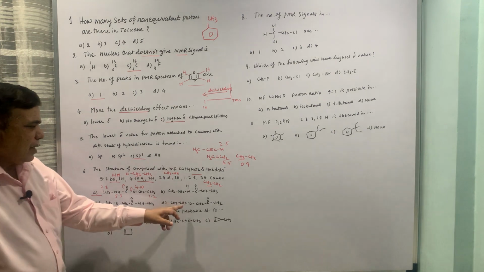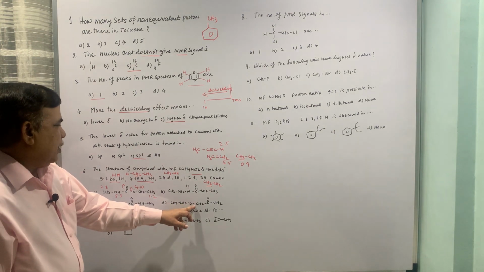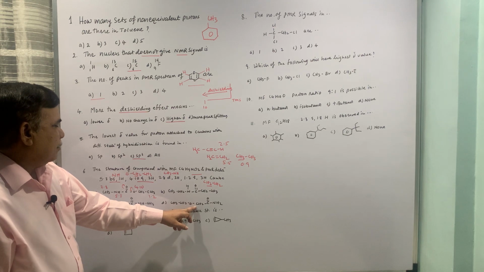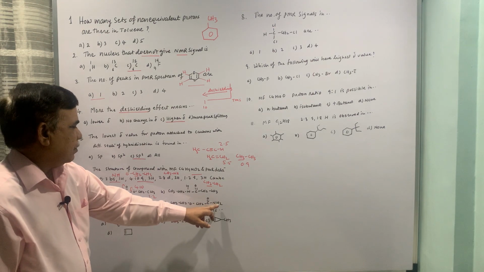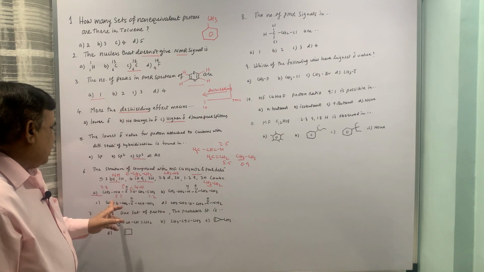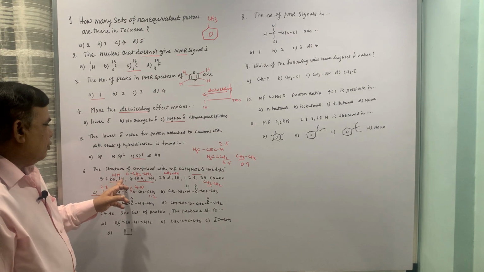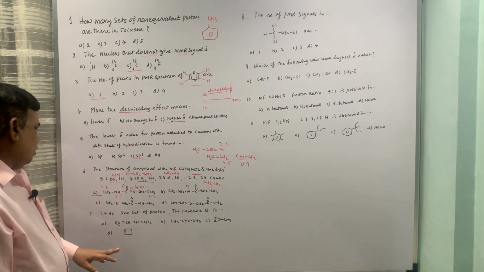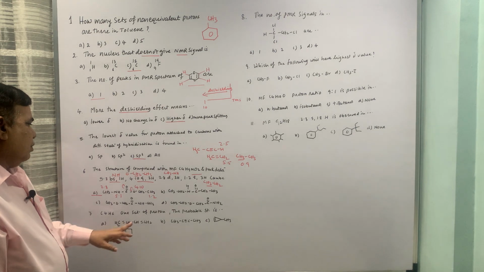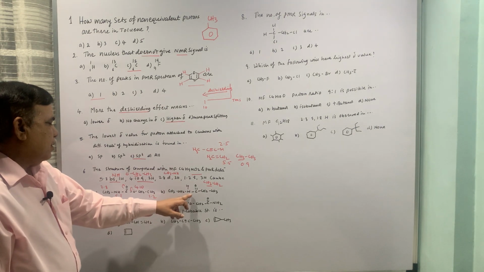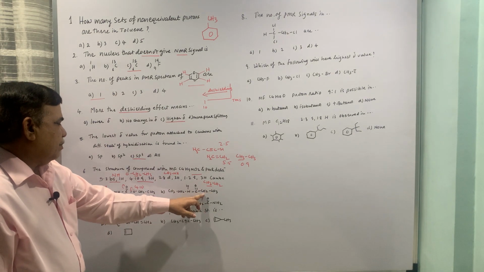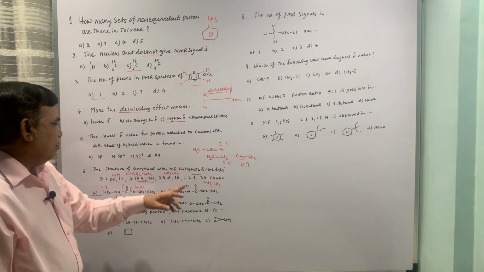If I look at this, this will be a singlet. Once again we do not have two protons, only one proton is there, so NH2 is ruled out. For this CH2CH3 the chemical shift values will not match.